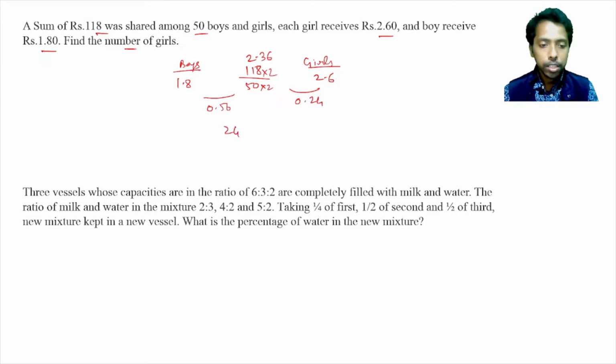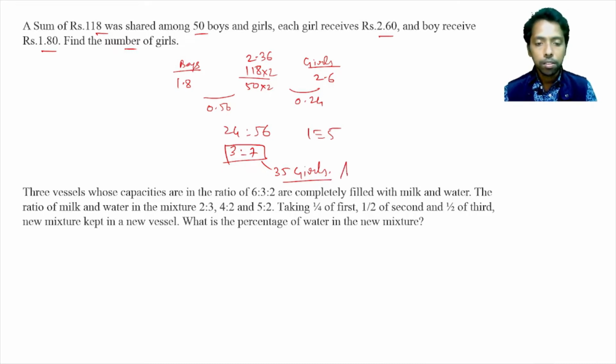So it gets reversed, and this is 3:7. Now the total is 50, the number of boys and girls. Here the total is 10 units, so 1 unit equals 5. So 7 units, that is 35 girls, and it is asking the number of girls. So this is the answer. Now moving to the next one.